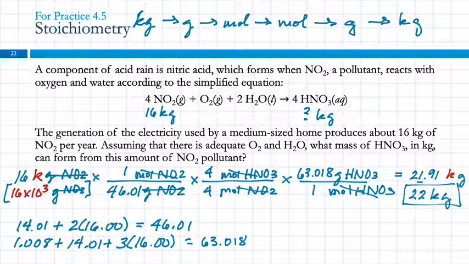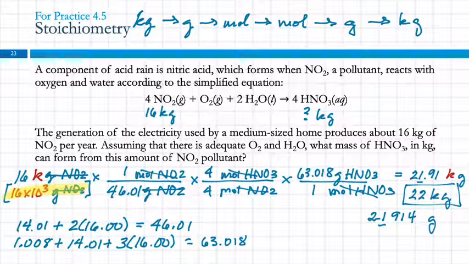What if I use this one instead? So that's not standard scientific notation. Your calculator doesn't care. You can punch it in like that. 16 EE3 divided by 46.01 times 4 over 4 times 63.018 equals. This is going to give me 21,914 grams.